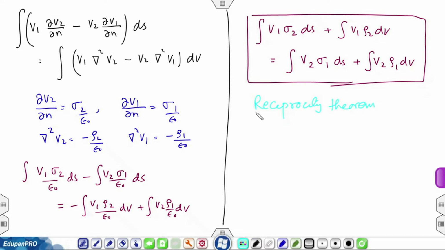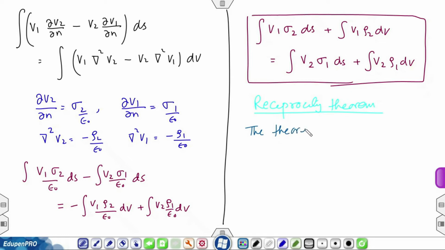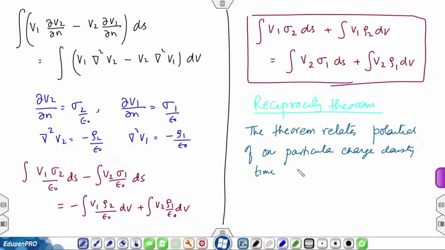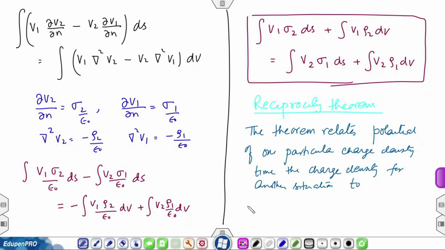What does it do? The theorem relates the potential of one particular charge density times the charge density for another situation to the same quantities interchanged.